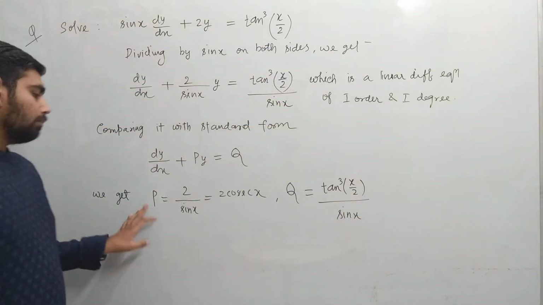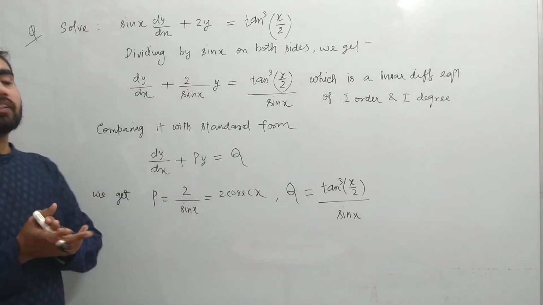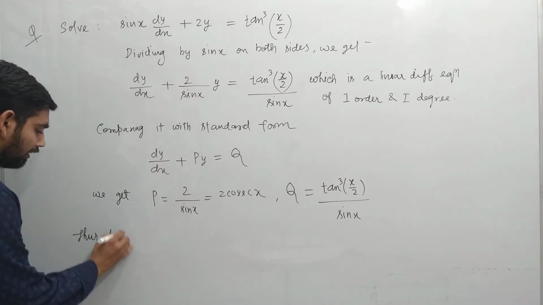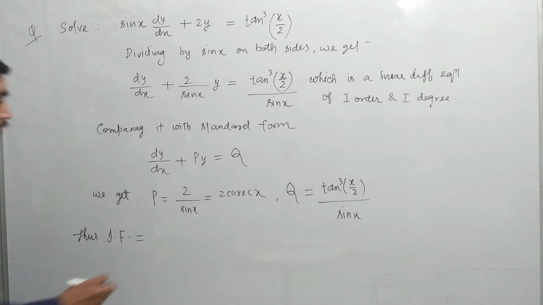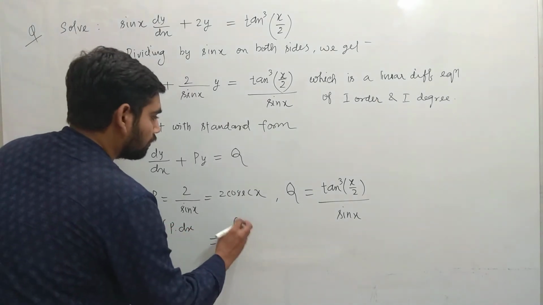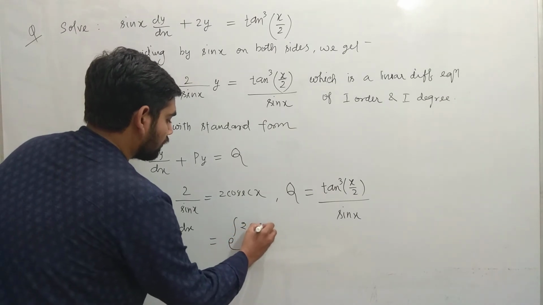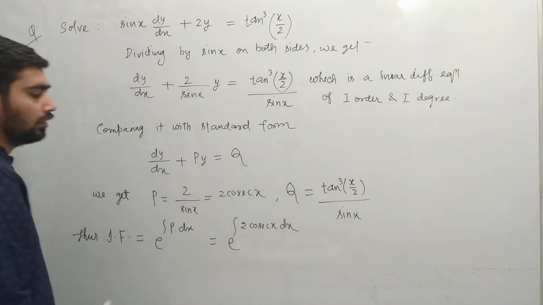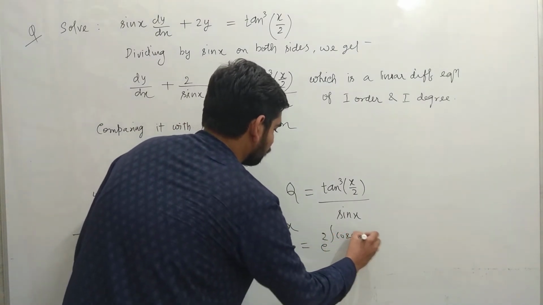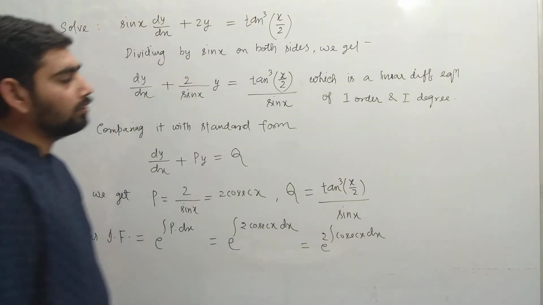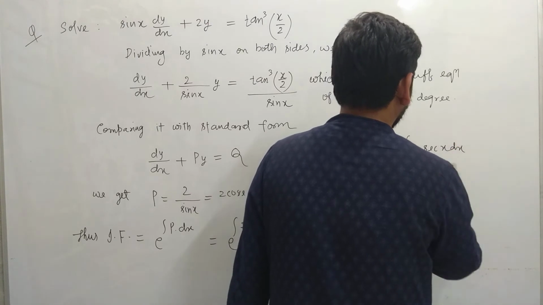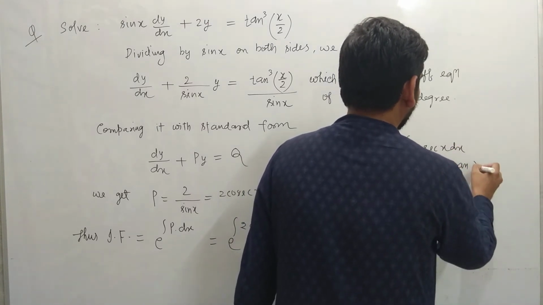Now that we have p and q, first we will find the integrating factor. The integrating factor is e to the power integral p dx, which is e to the power integral 2 cosec x dx. So it will become 2 integral cosec x dx. We know that the integration of cosec x is log tan x upon 2.